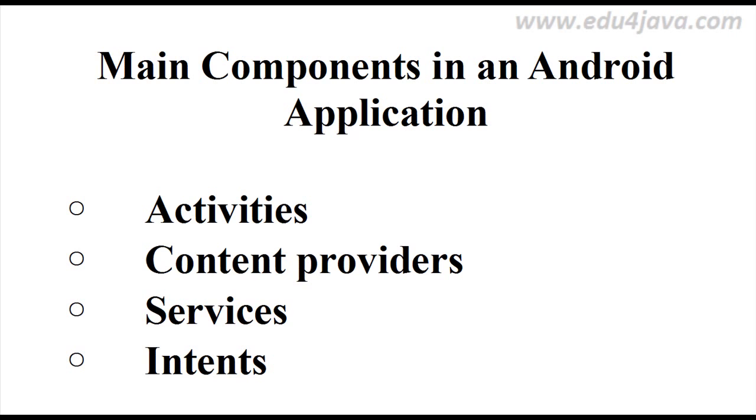I can send an intent saying I want to open this URL, and the operating system is going to choose, or let you choose, which application you are going to really use to open this URL. Intents can carry data from one component to another. I think we are going to see more about intents in future tutorials.